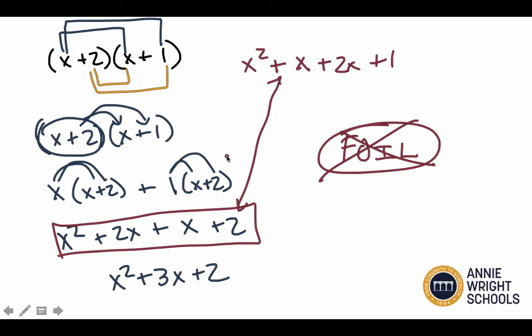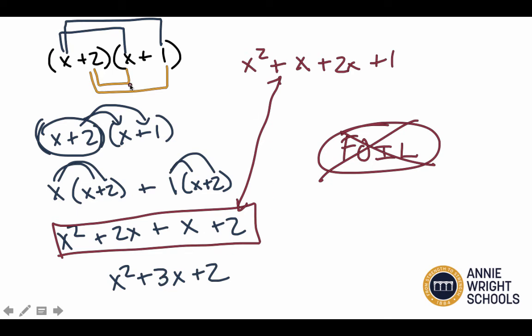You're just using the distributive property to multiply two binomials together. So that's why we're going to call this process of undoing that multiplication factoring. We are going to take a quadratic trinomial that looks like this and try to figure out if we can write it into these two numbers that multiply to get it. That's why it's called factoring.